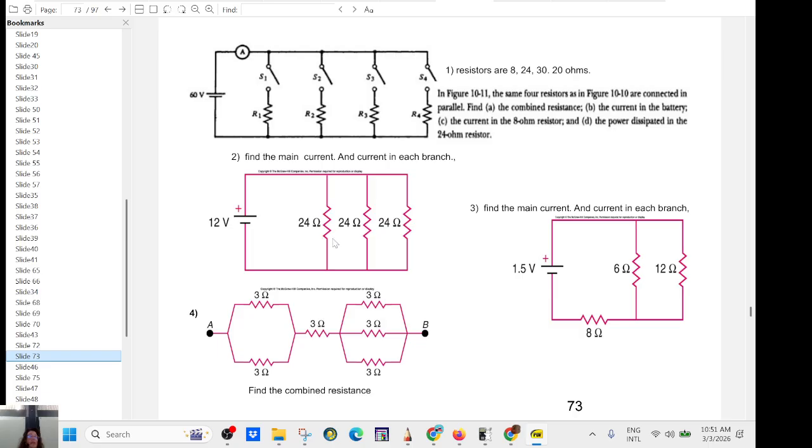It's in parallel, you divide by 3. 8, 8, 8. Okay, so the current will be 12 divided by 8. We finish that next time.